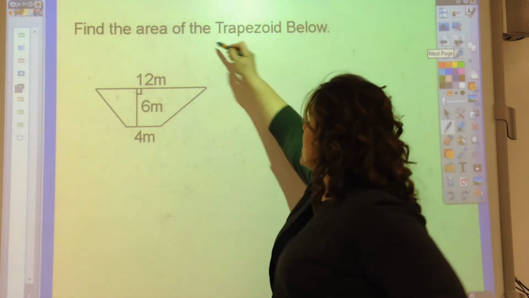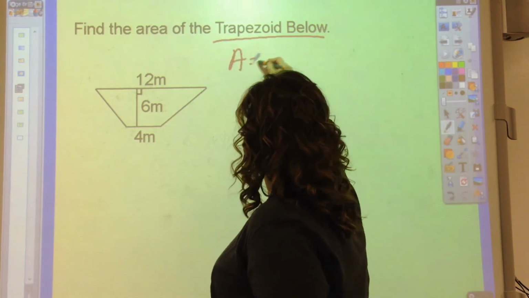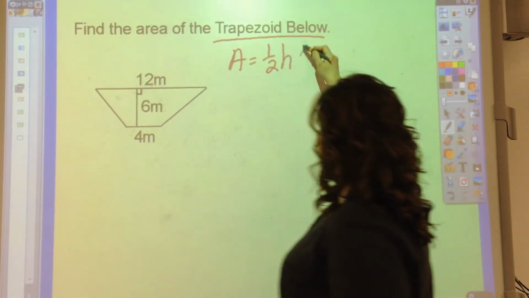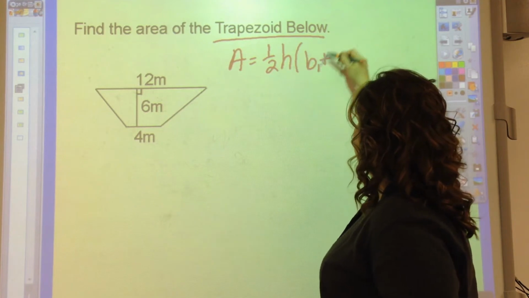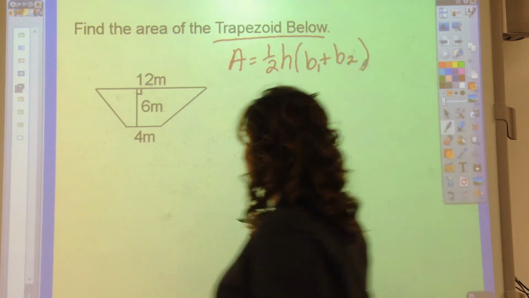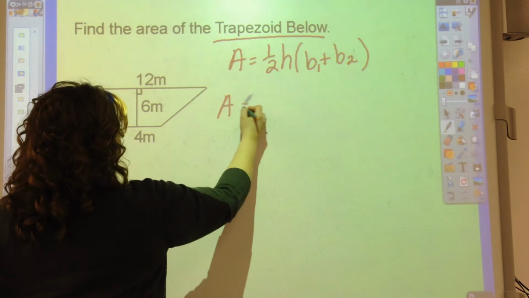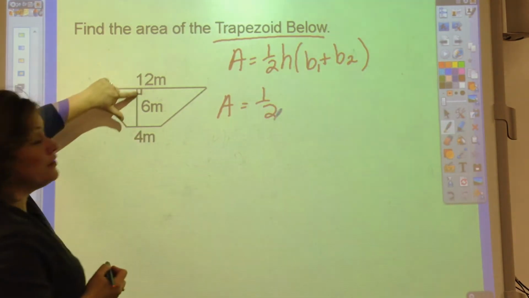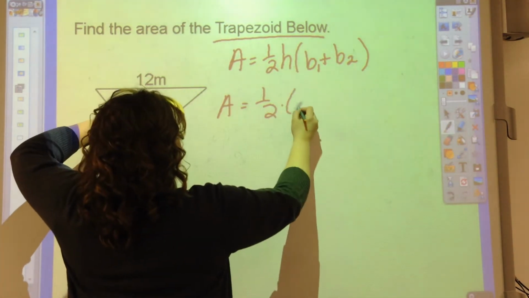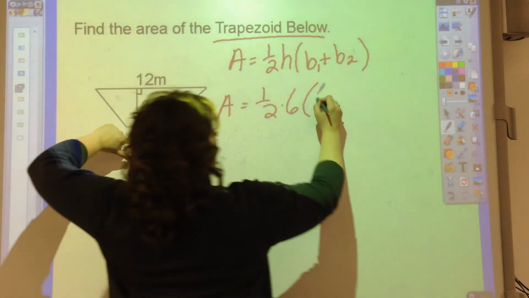If I'm looking at this trapezoid right here, I want to remember I have 1/2 height times base 1 plus base 2. And I'll just plug into my formula. My altitude here is 6. My base 1 is 4.